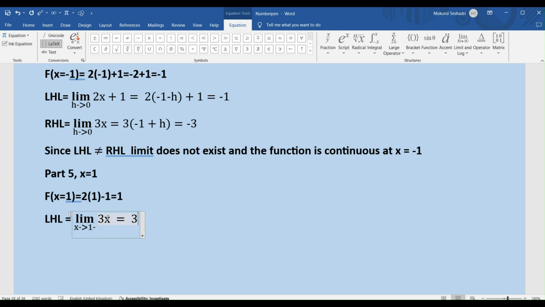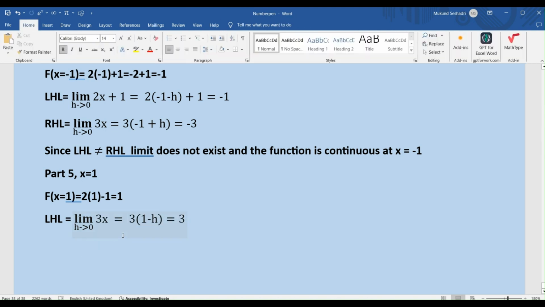And what is it when I approach it from the left? I do with 1 minus h, my h being infinitesimally small, so I can write this equation as 3 into 1 minus h, and as h tends to 0 I get a 3, right?